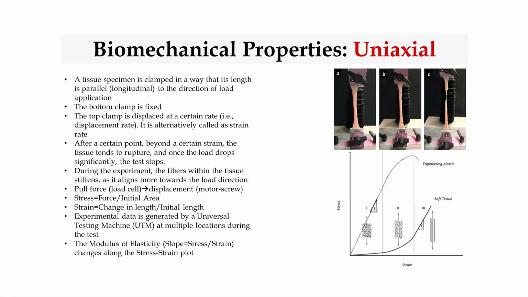The next step is the bottom clamp is fixed. So the bottom clamp is usually fixed, it doesn't move, and it is a constraint which is applied, right? The top clamp is displaced at a certain rate, which is also known as the displacement rate. This is typically given in terms of millimeters per second or sometimes millimeters per minute.